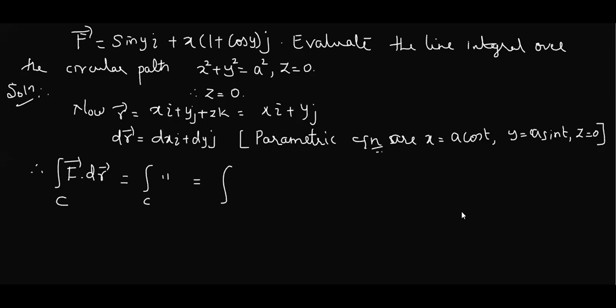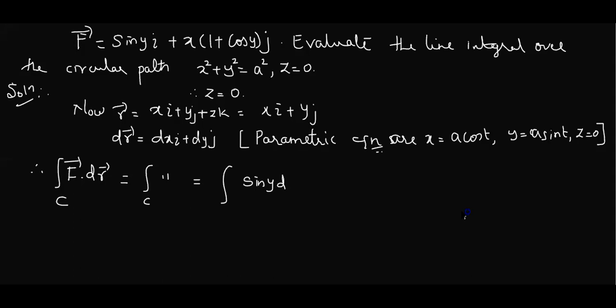Just tell me the dot product of these two vectors, how we have to do it. We need to multiply corresponding i, j and k coefficients, isn't it? So multiply the i coefficients of f and dr. Tell me what you'll get.